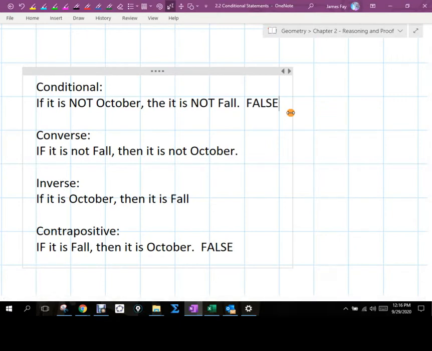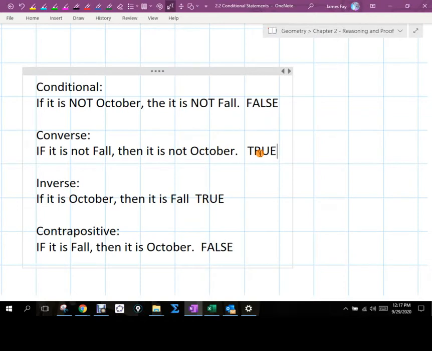Now, if I look at my converse and my inverse, I want to tell if they're true or false. I never look at the one that has "not" in it. I struggle with those a lot. And if you don't struggle with them, you don't have to worry about that. But I do, so I'm going to look at this one: if it is October, then it's fall. True or false? True. So then I automatically know that if it's not fall, then it's not October, which is one that we could probably all agree is true.